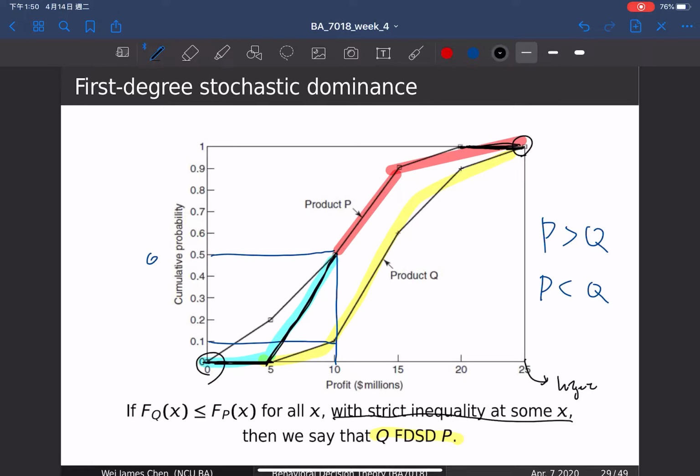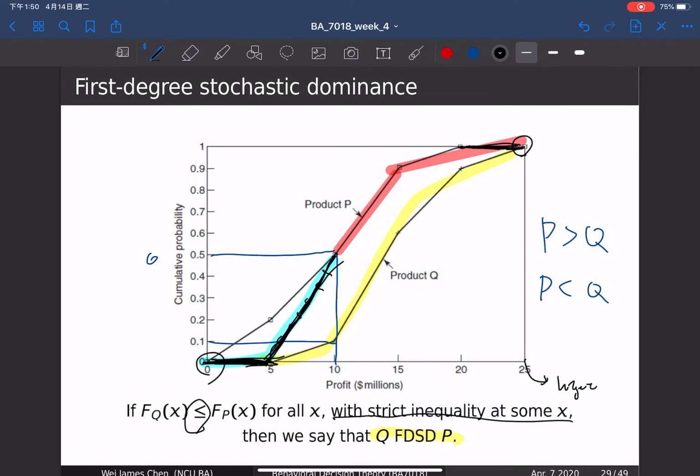If it becomes this line, the cyan or blue, whatever color this is, then it will be with inequality in the range from 0 to 5. But it still satisfies this statement of FSD because it is less or equal for all x with strict inequality at some x. That's just English. So that's the definition of FSD.